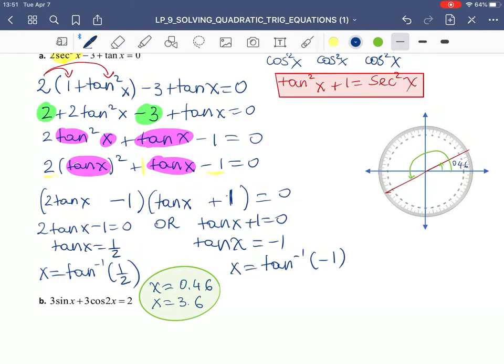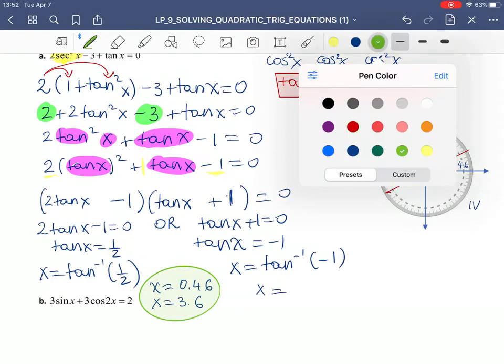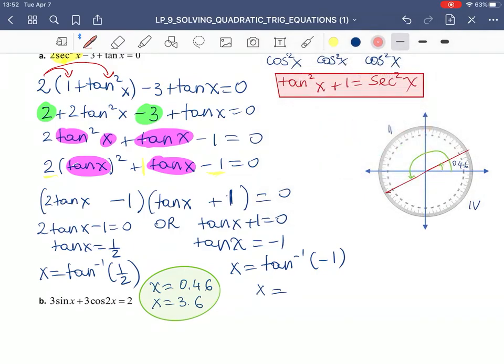Okay, so we are going to solve the next equation. And we know that tan will be -1 in quadrants 2 and 4, right? And that will happen for the angles, I'm going to go pink this time, so that will happen for the angles 135 degrees and so on.